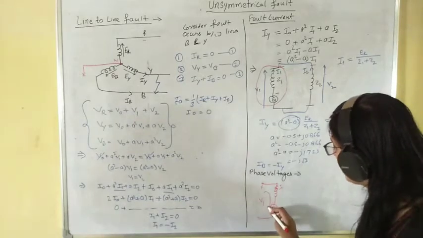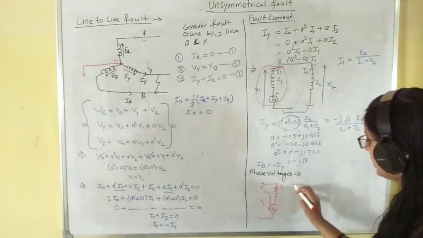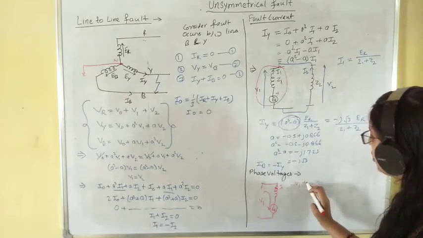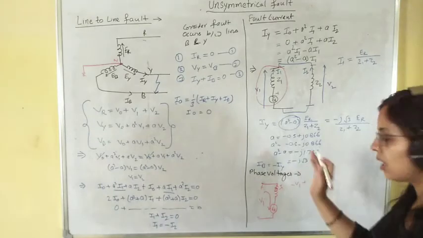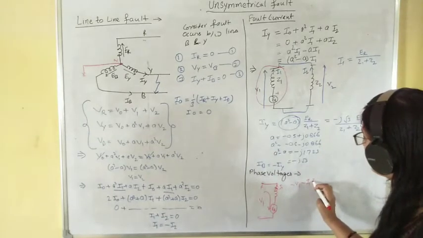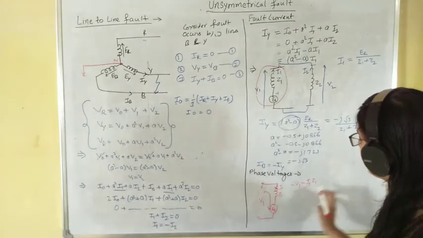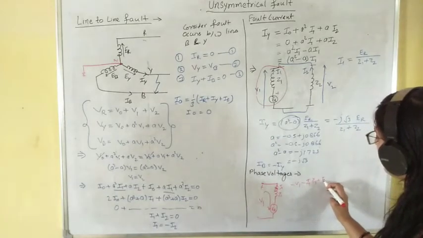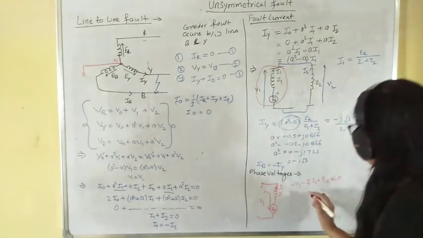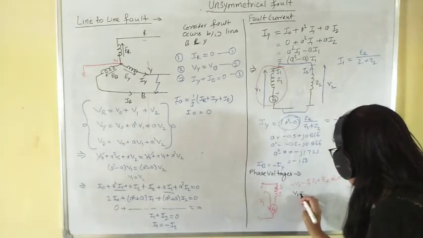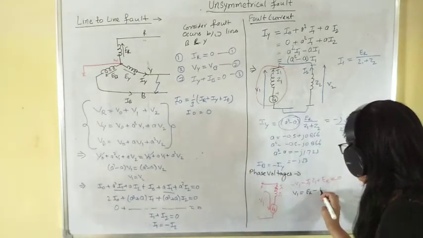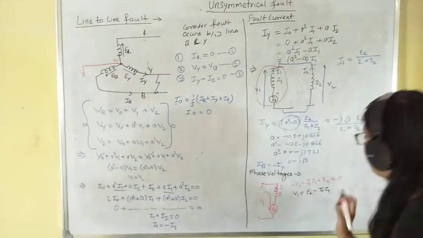When we apply KVL in this loop, what do we get? Minus V1 plus, not plus, because I1 is in the up direction, so it will be minus I1 Z1 plus ER. What this means is we will get V1 equal to ER minus I1 Z1.